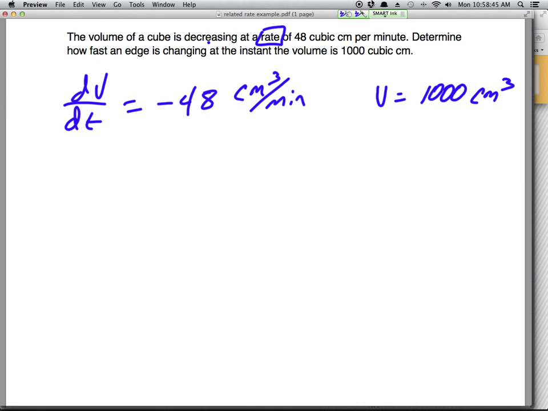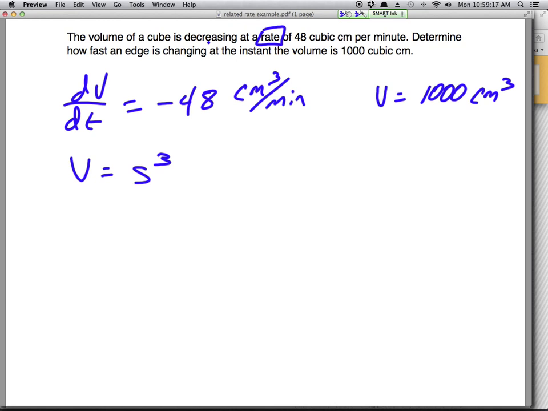So to determine that, I need to find an equation that has both rates inside of it. Just like on the last one, it was the volume of a sphere. Now it's a cube. What's the volume formula of a cube? The volume of a cube is S cubed, because all my sides are the same.